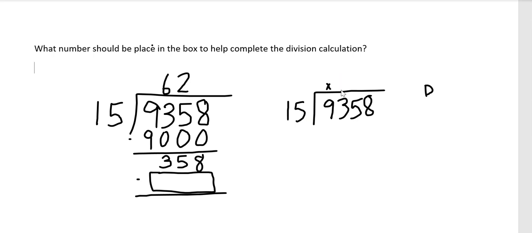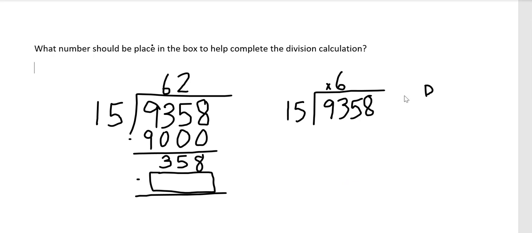How many times does 15 divide into 93? We're going to put that answer above the 3 because we used both the 9 and the 3. So that's the hundreds place. So really 15 divides into this number 600 times because that's the hundreds place.